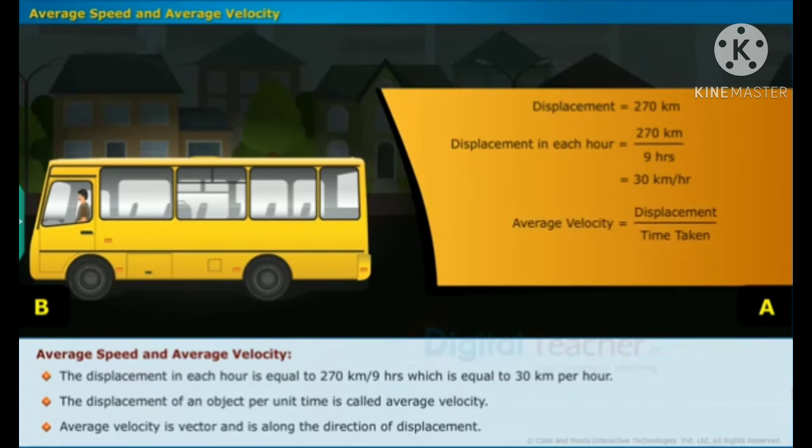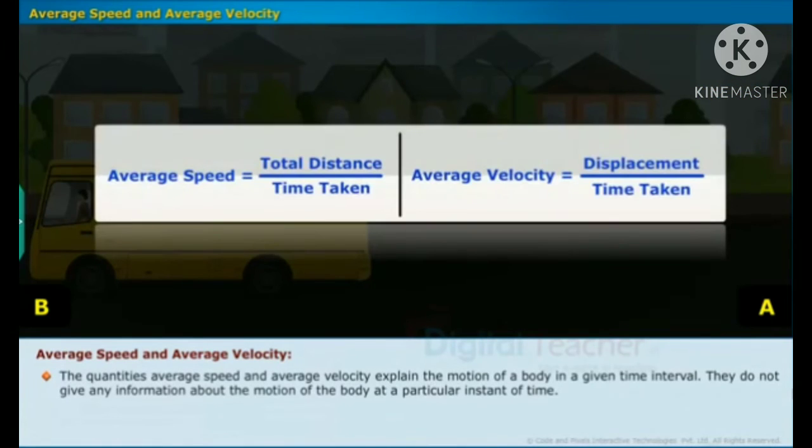Average velocity is a vector and is along the direction of displacement. The quantities average speed and average velocity explain the motion of a body in a given time interval. They do not give any information about the motion of the body at a particular instant of time.